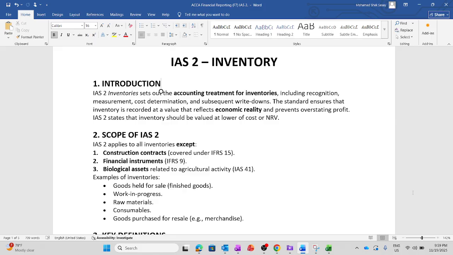So in most cases, their inventory will include the unbilled audit work, for example, the audit hours already worked but not yet billed to the client. At the end of the year, we can account for this work in progress as inventory for the audit firm. So this is just an example.